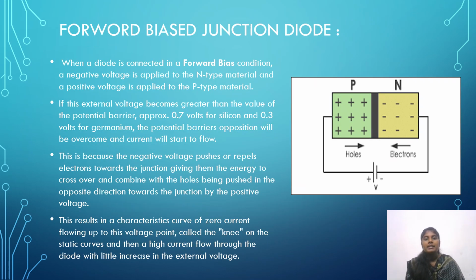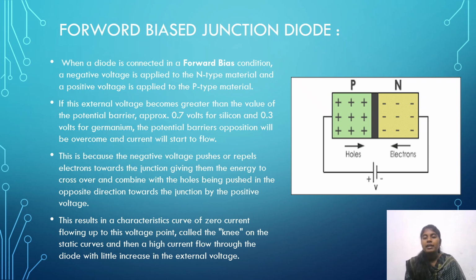Forward biased junction. When the diode is connected in forward condition, a negative voltage is applied to the n-type material and a positive voltage is applied to the p-type material. This shows the forward bias of the junction. Here, the applied voltage becomes greater than the potential barrier, approximately 0.7 volts for silicon and 0.3 volts for germanium.